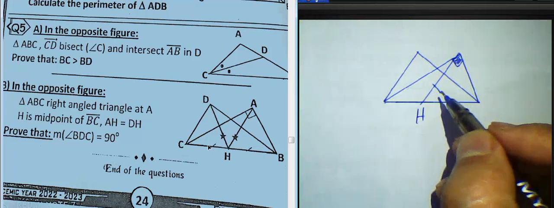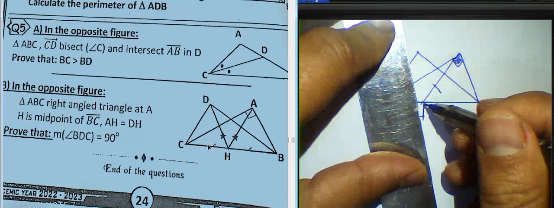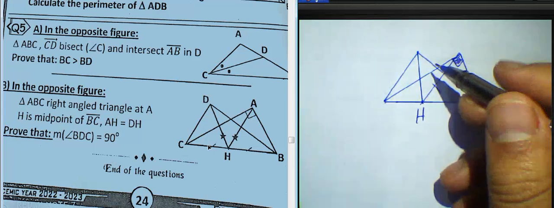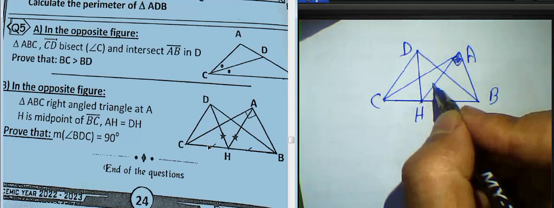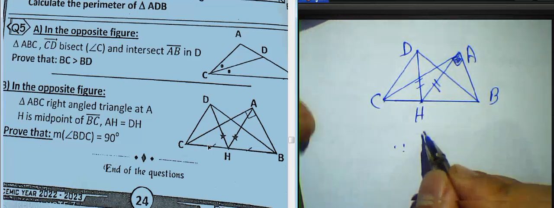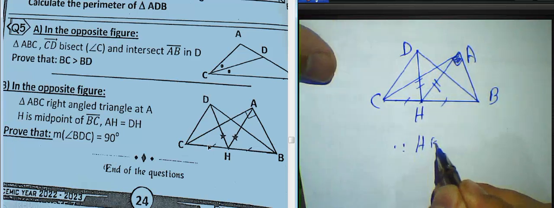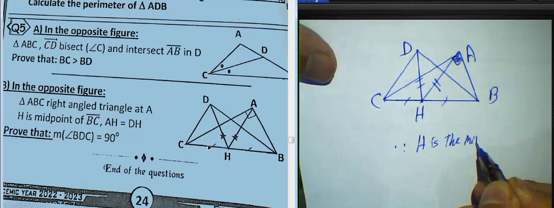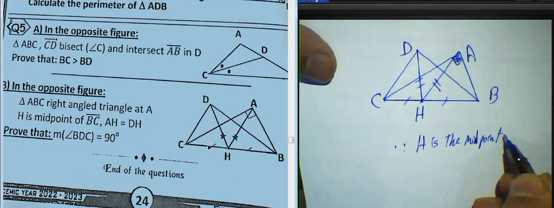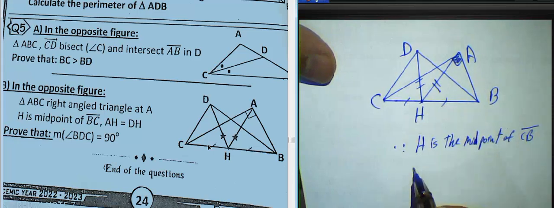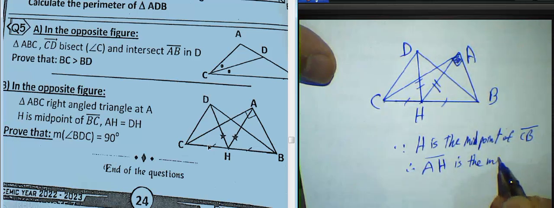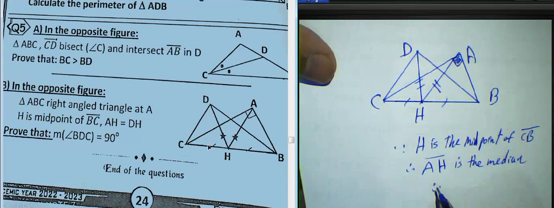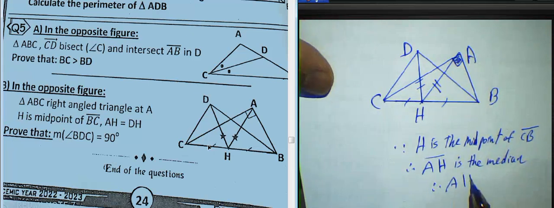He gives us this side HA equals this side HD, such that H is the midpoint of CB, then AH is the median. So we can prove that AH will be half of CB.